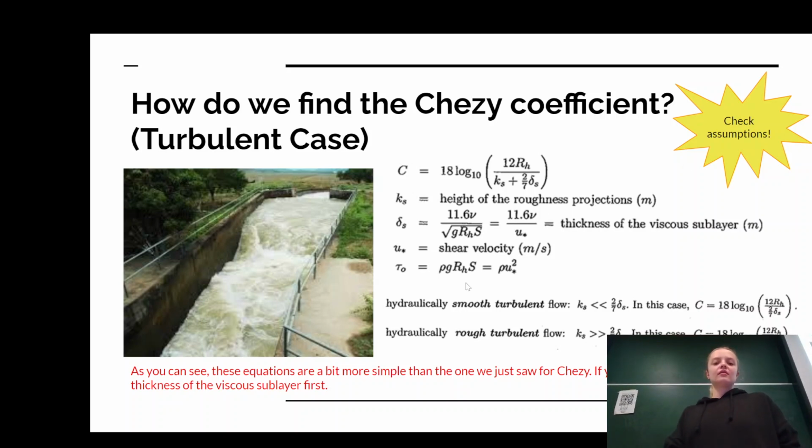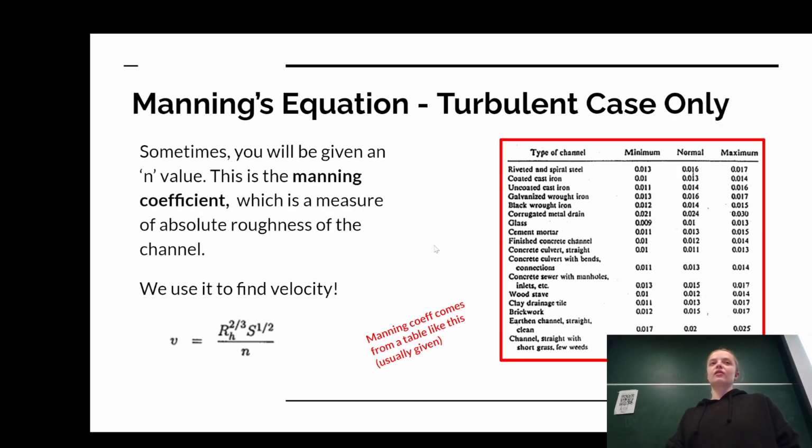All right, moving on. We're going to look at a different equation now. We've got something called Manning's equation. Sometimes you'll be given an n value, which is the Manning coefficient. Similar to how we had the C value for the Chezy coefficient, we have another empirical equation, which means it was found via lots and lots of experiments. And they've come up with this list of n values in this table on the side.